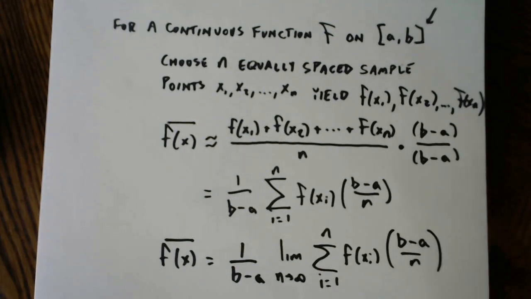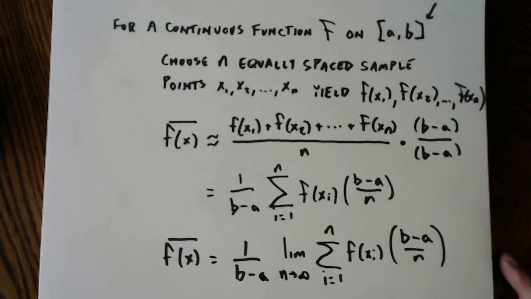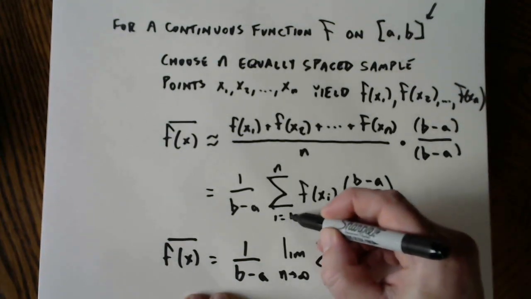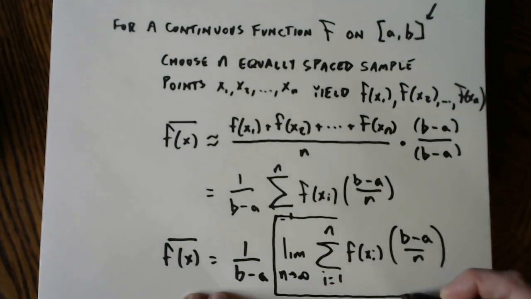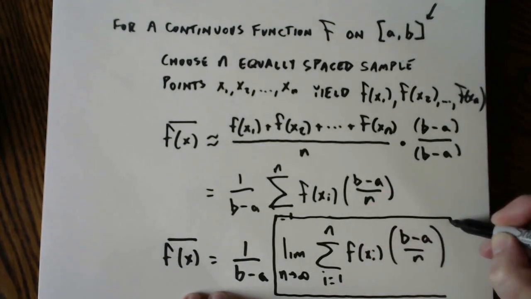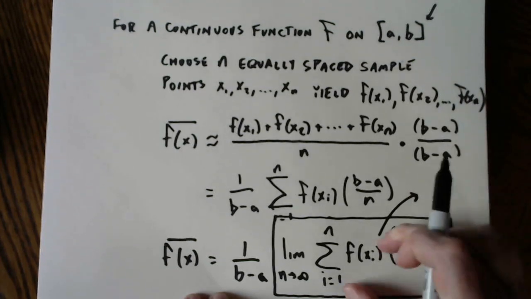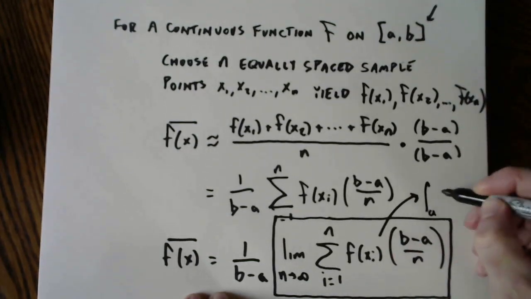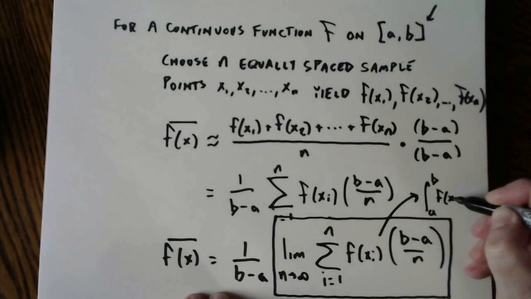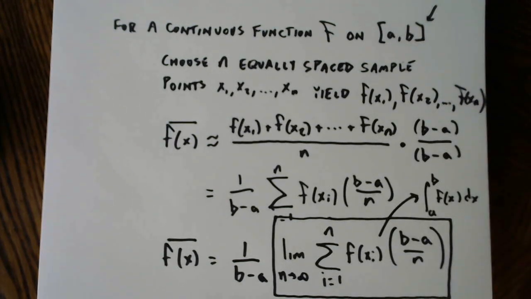So this looks like a complete mess, which it really is, but you may recognize this expression from Calc 1. This is the exact original definition of the definite integral over a, b.